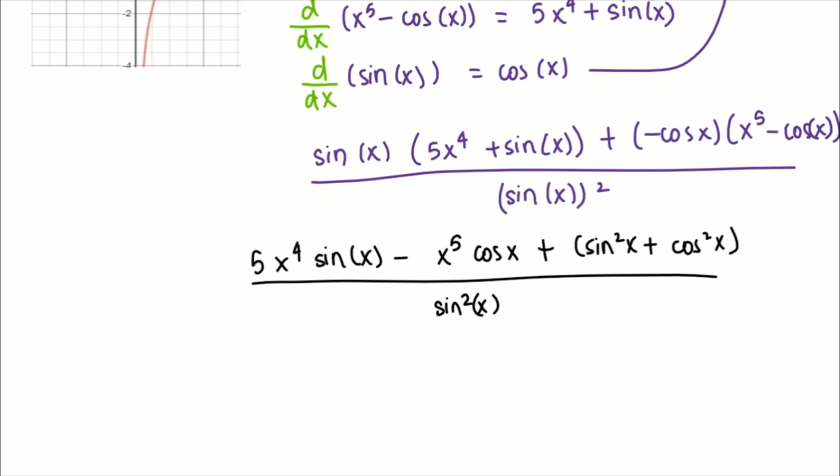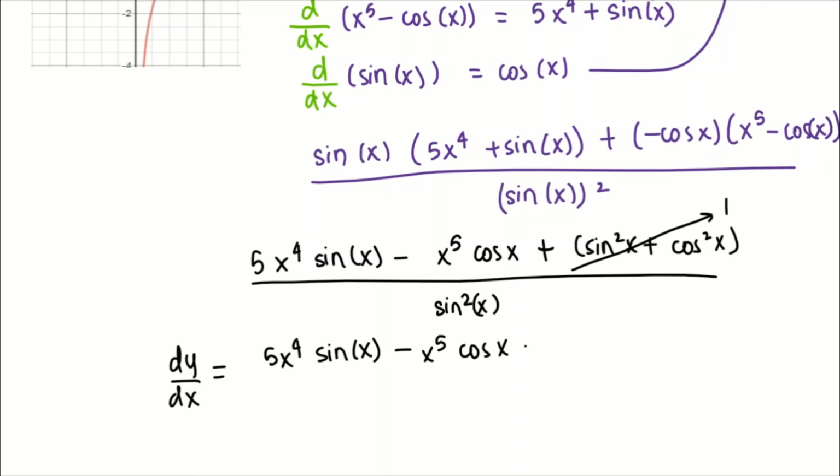And very simply, we know that this is just equal to 1. That's a trigonometric identity. And we just know that the final derivative comes out to be 5x to the power of 4 sine of x minus x to the power of 5 cos of x plus 1, being divided by sine squared of x. And that's the derivative of this function that we have right here.